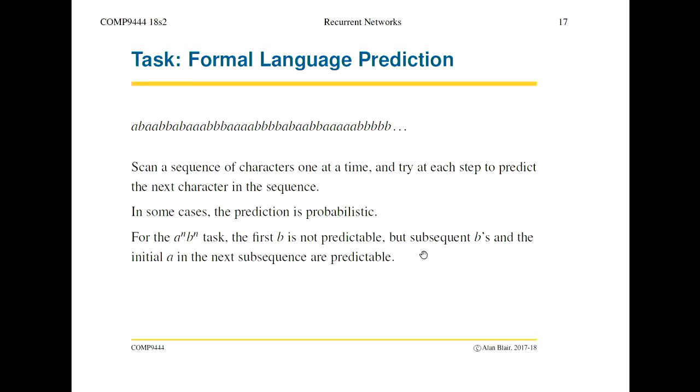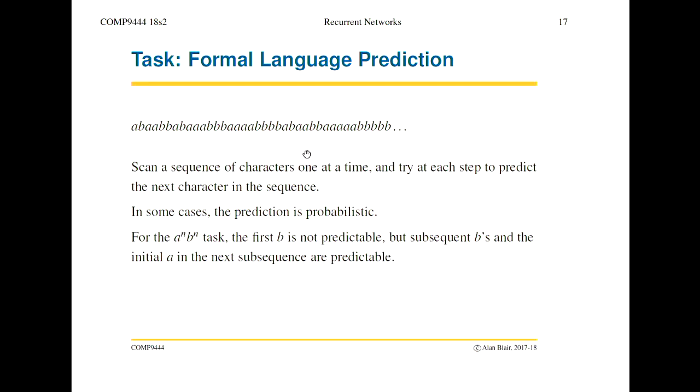This is some work that was done by Wiles and Elman in 1995. The previous task was language recognition. You'd process the whole sequence and then you give one answer at the end. What they were looking at here is language prediction. So you're trying to predict the next letter in the sequence.